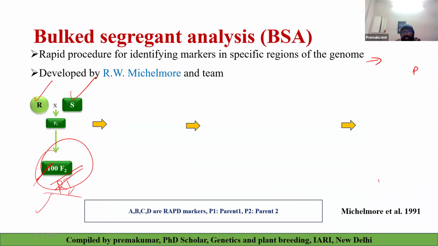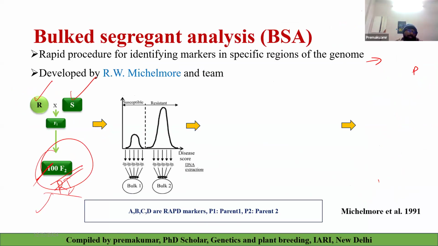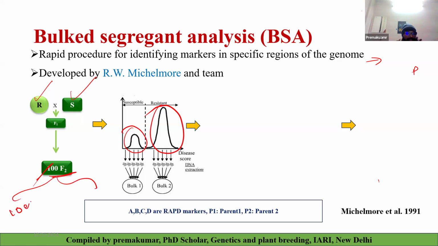But he came up with an approach where you need not genotype all 100. Instead, you create two extreme bulks. For example, out of 100 F2, 10 extreme resistant and 10 extreme susceptible.